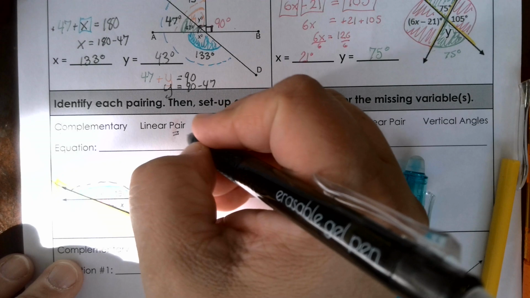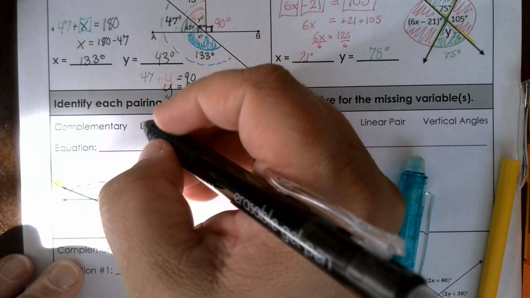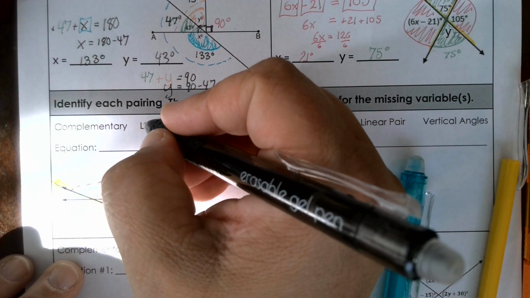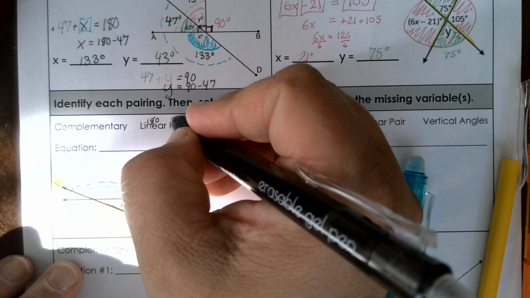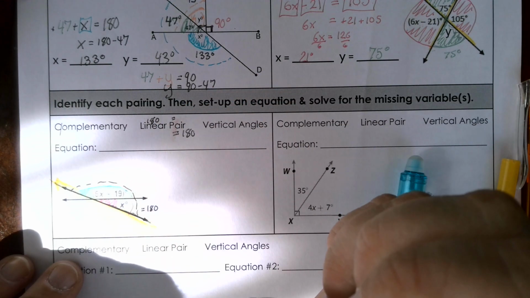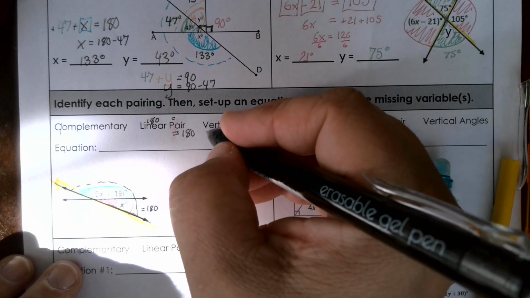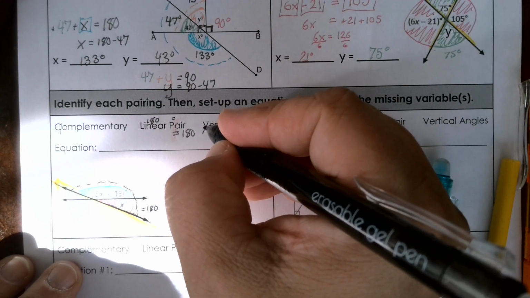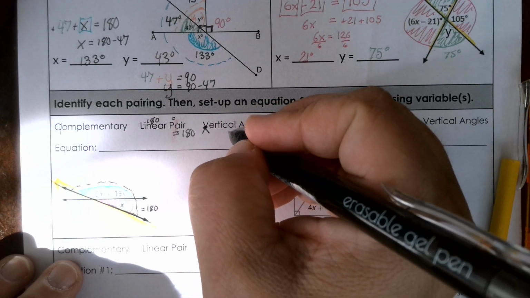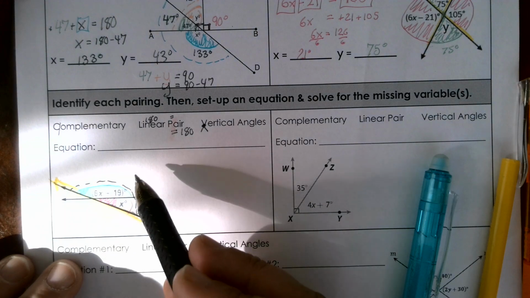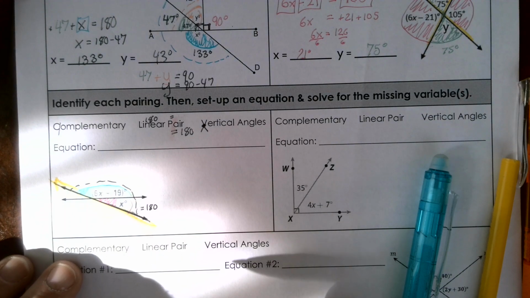So these are going to be equal to 180 because they're a linear pair. Line is 180 and pair means equal, linear pair. Okay? And then vertical angles, they're the ones that touch noses and they're equal to each other. Okay? So this is a linear pair, 180 degrees.